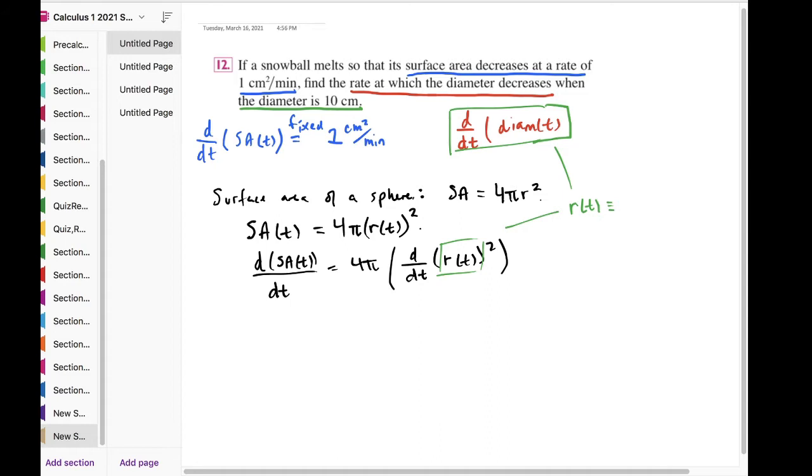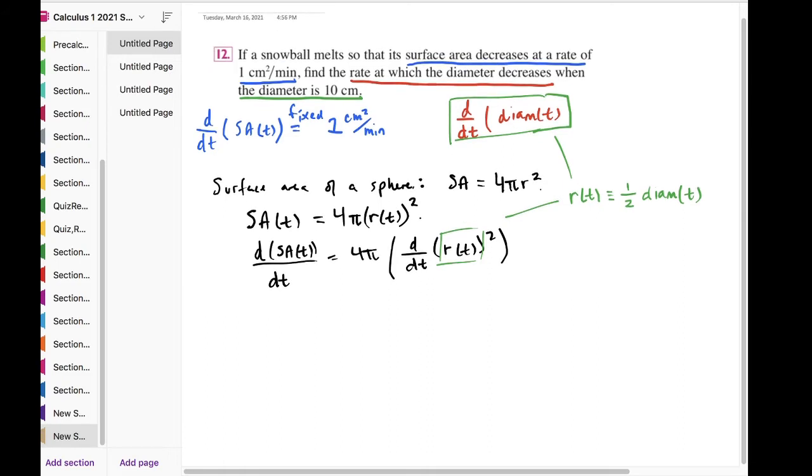But if you want to replace radius with diameter, it's 1/2 diameter. I don't want to just multiply by 2 randomly, right? But I can use the diameter to get the radius. So that's what we can do. So we have 4 pi d/dt of diam of t over 2, squared.